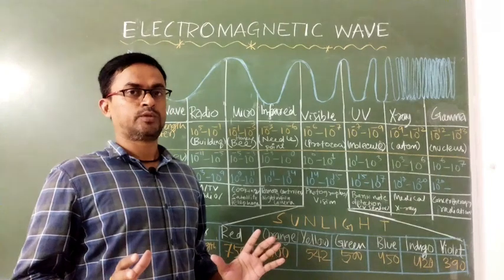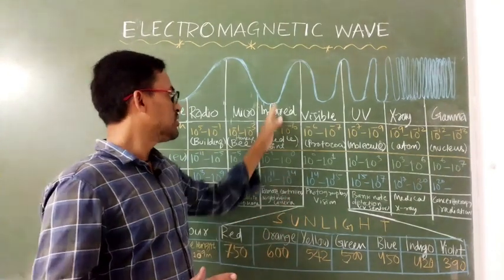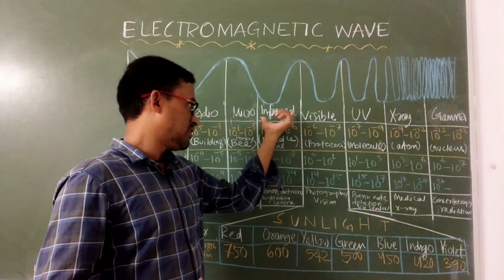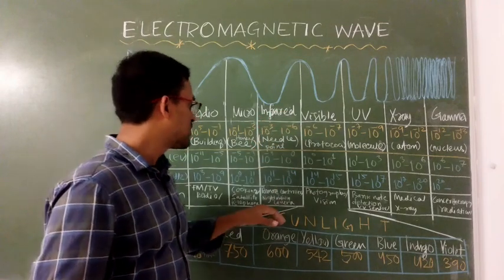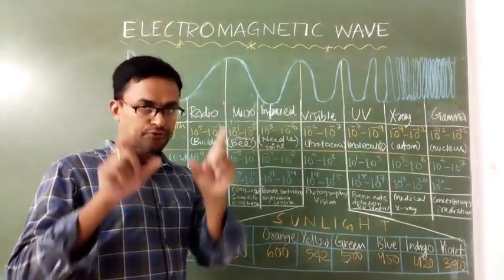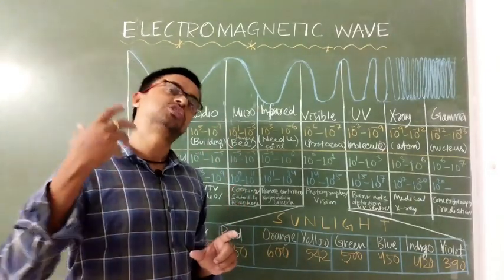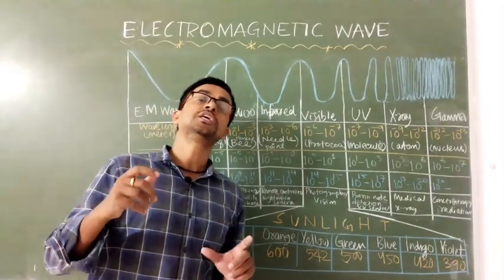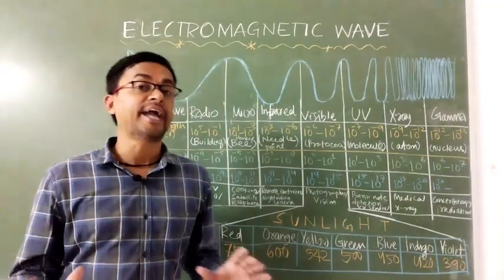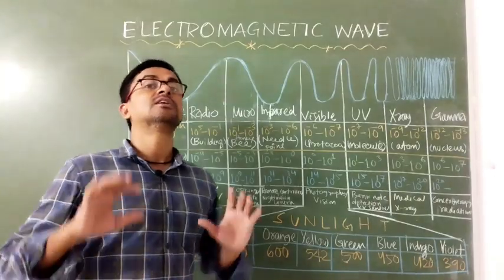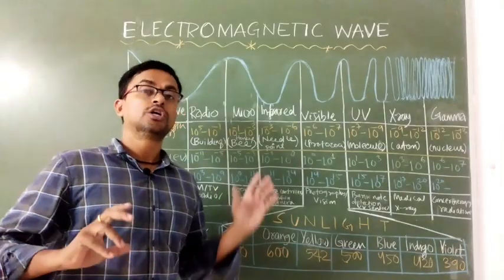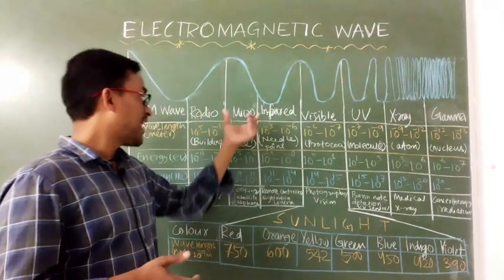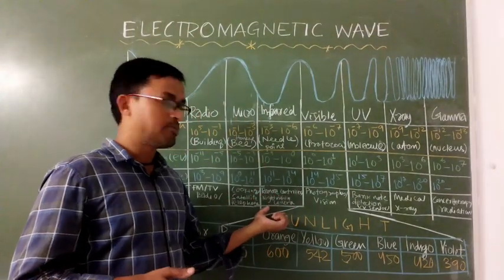Therefore, this energy range can be used for a night vision camera. If you make a camera which can detect infrared rays, then you can easily detect objects in the night by sensing the infrared range electromagnetic wave from any object. So it can be used for night vision cameras.